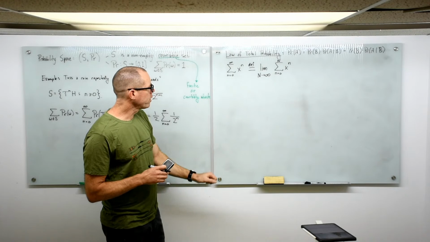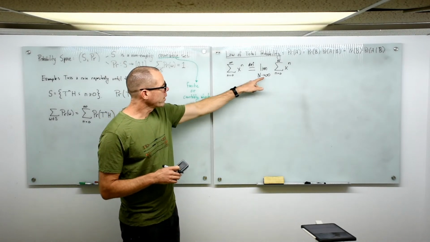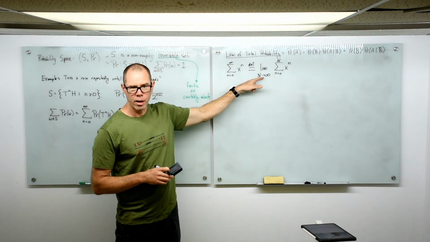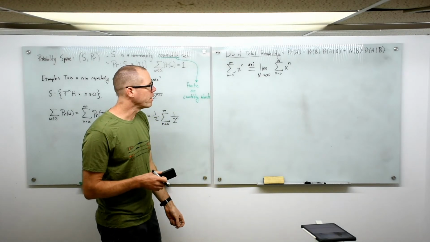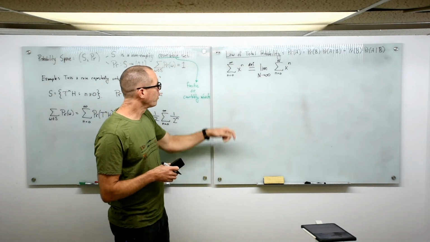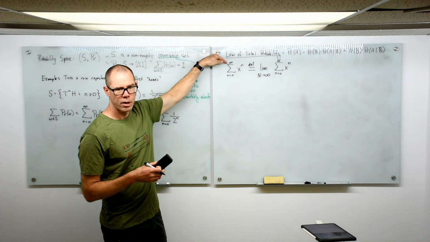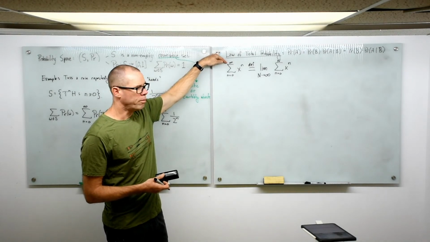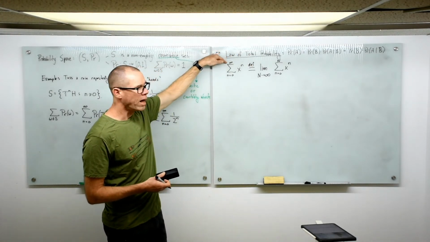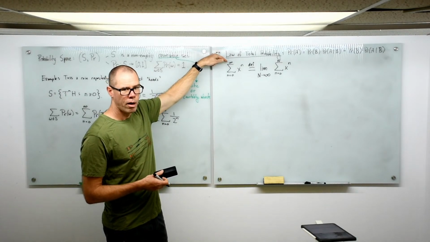And so in particular, you may remember from calculus that limits don't always exist, right? Some functions don't have limits. And so that means that some infinite sums are not defined. So limits are not always defined, therefore the values of some infinite sums are not defined.